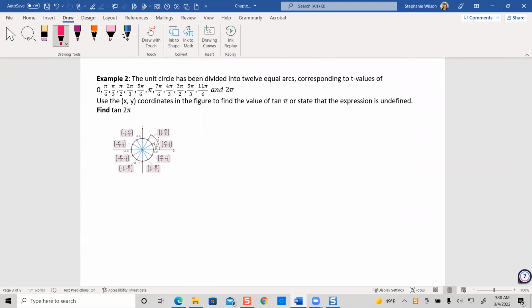Let's try this next one. Again, we know what tangent pi is. It's going to be 0. We just solved that at the beginning. Now I want to know what's tangent at 2 pi. Again, we're back to the ordered pair, the exact value we need to find. And I know at 2 pi here, let me see if I can make this a little bigger for you so you can see it.